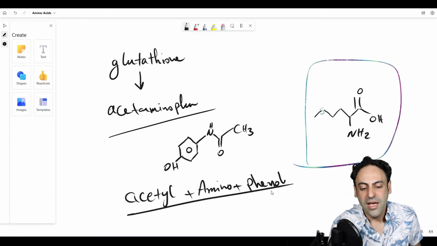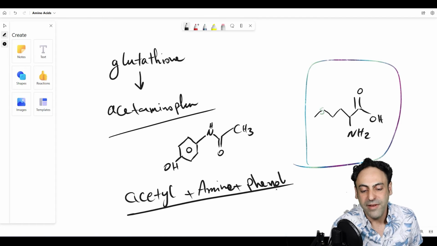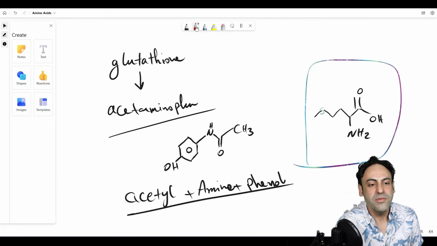If you combine these three together, the acetyl group plus the amine group plus phenol, you're going to have acetaminophen. I'm going to individualize it with another color so you can understand it better.